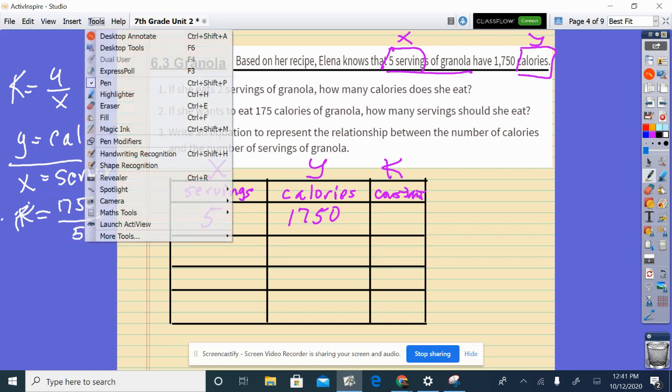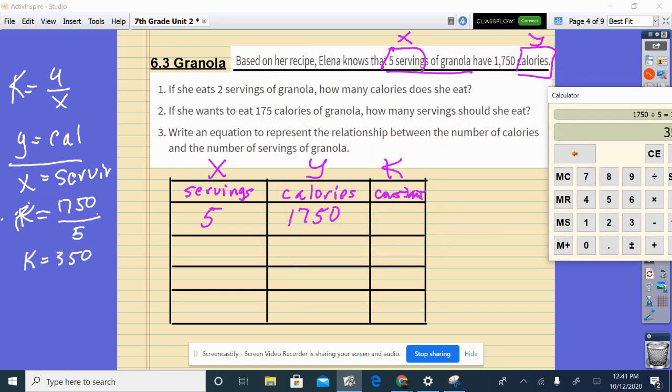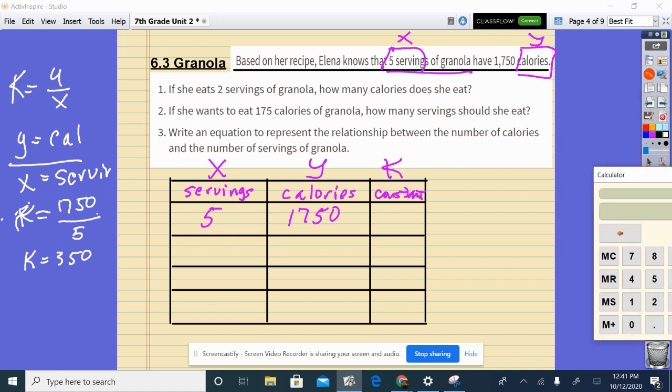If I divide that out, 1,750 divided by 5 equals 350. All right then, so 350 calories is my constant. And I can fill in the rest of my table because I know that's not going to change.